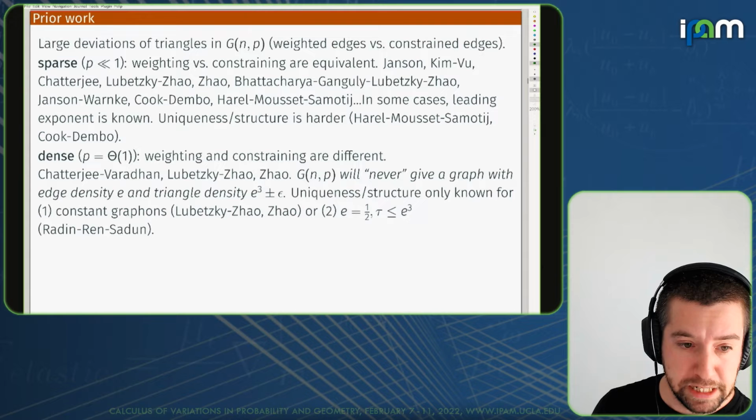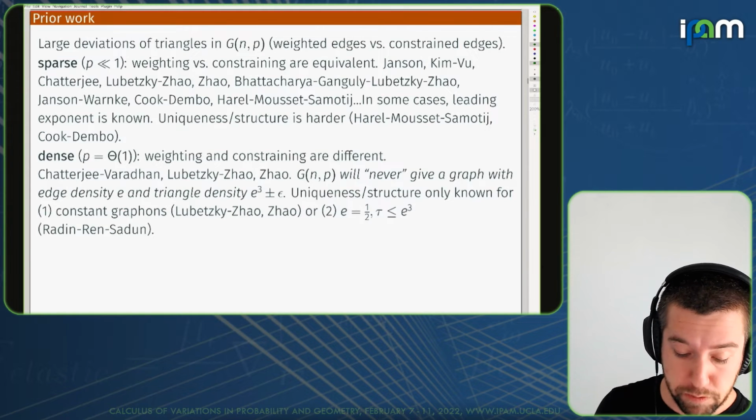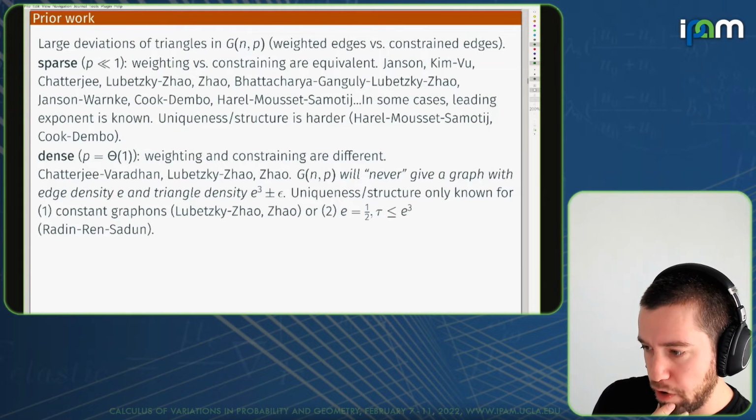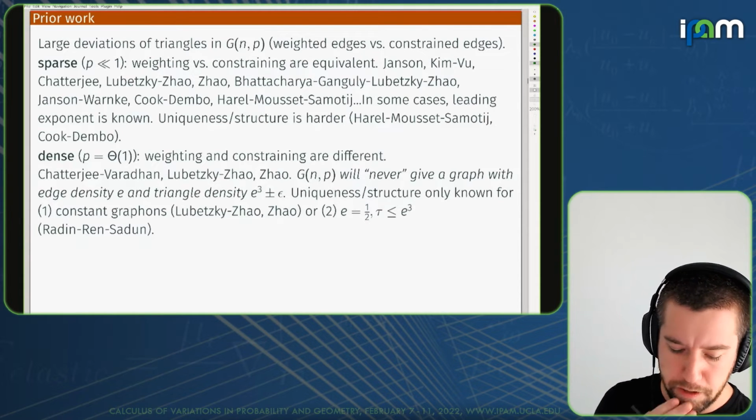In this talk, I'm going to be interested in the dense case, that is, when the edge density is some constant, not going to 0. It's very interesting in this case because I always thought that G(n,p), where you give each edge some probability of appearance, was basically the same thing as distributing a fixed number of edges randomly in the graph, because the edge counts are concentrated and so on.